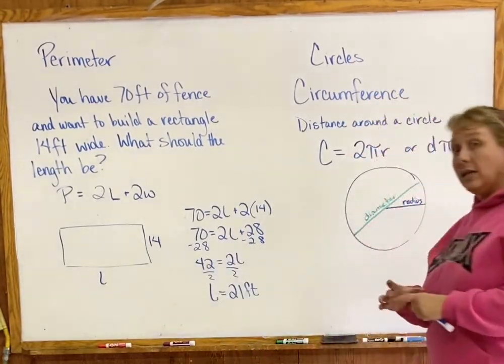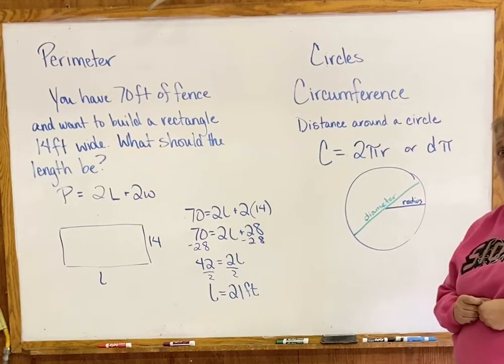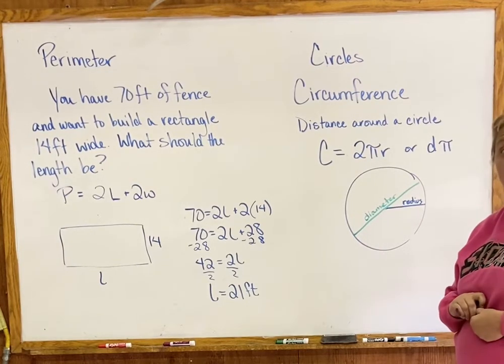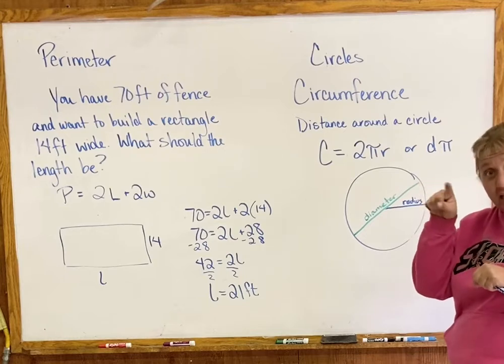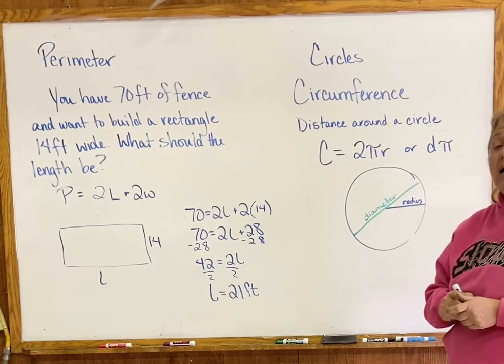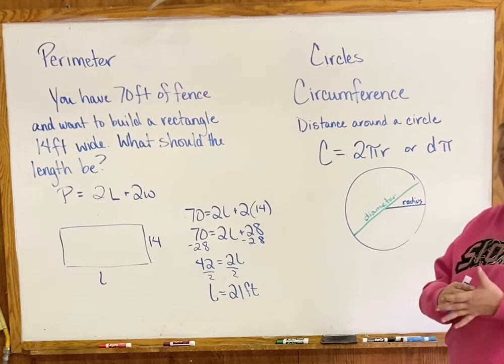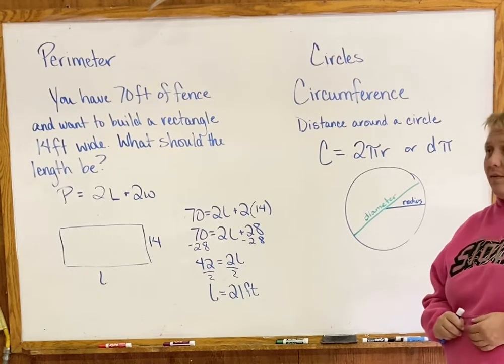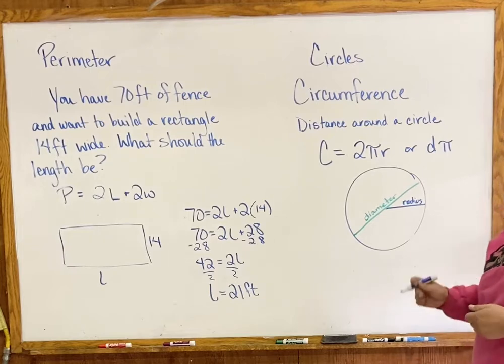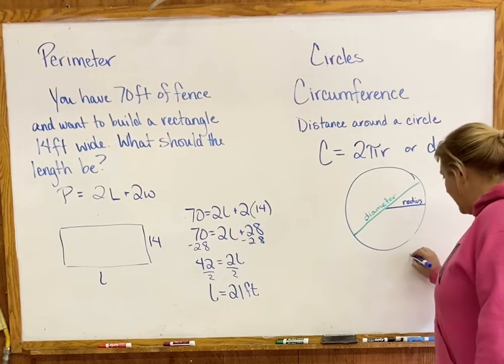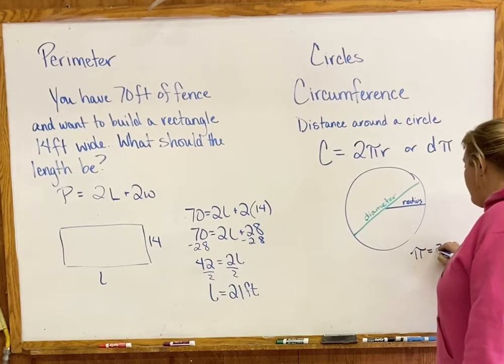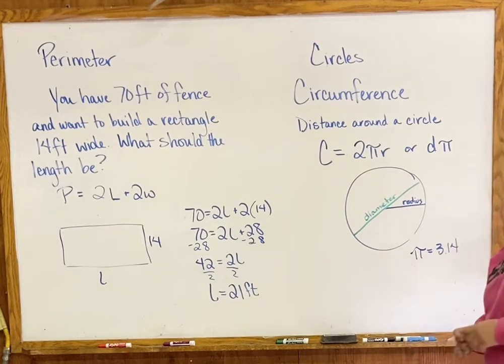If you have the little scientific calculator like a TI-30, you probably have a pi button as well. You just have to search around for your keys and see if you can find the pi, because that's the one you want to use. Now, if you've got just the little regular old solar calculator, then you're probably going to need to use 3.14. Okay, so you can make a little note of that. Remember that pi, if you need to, we can abbreviate as 3.14.